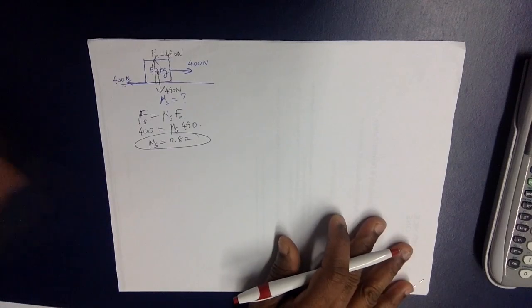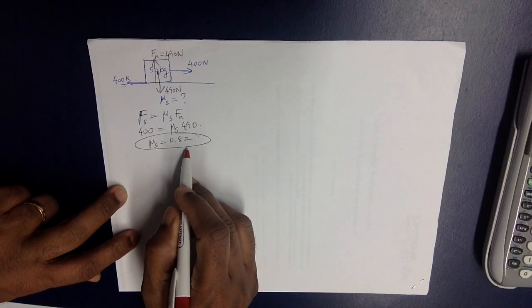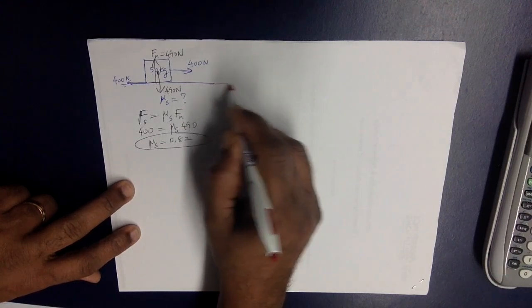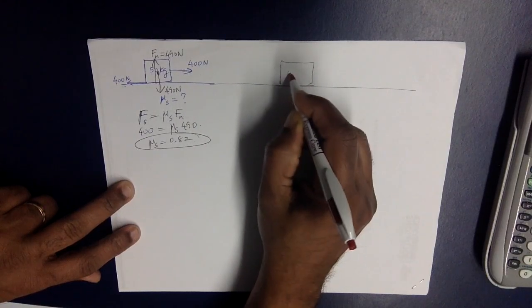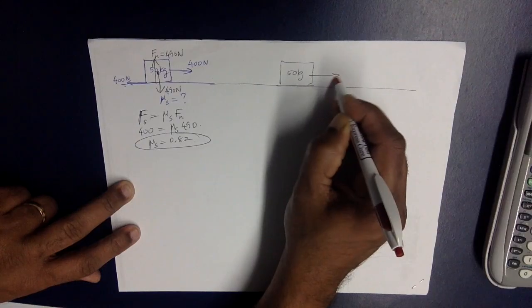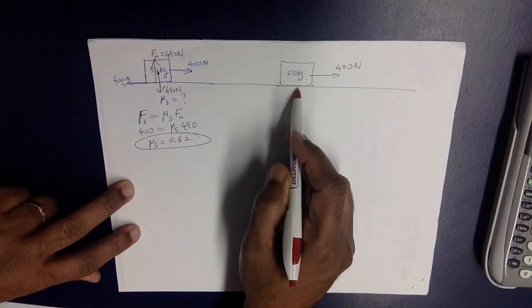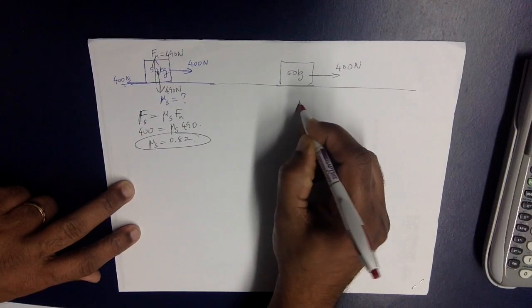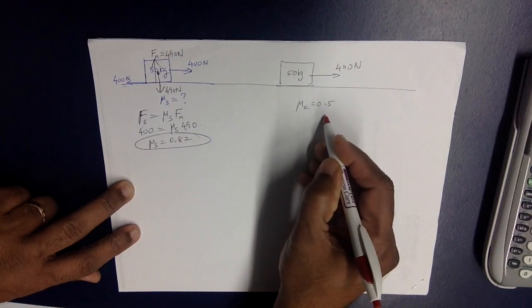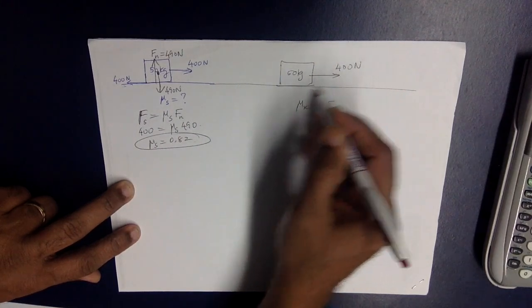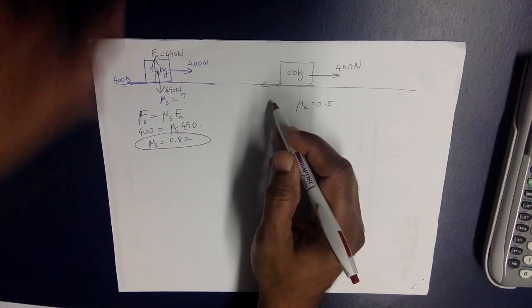All right. So we determined the coefficient of static friction, but if you continue to apply that 400 newtons on the same 50 kilograms object, what's going to happen is, since it is in motion and the coefficient of kinetic friction is probably smaller than this, as it is moving forward, the friction that's going to come in is going to be smaller.